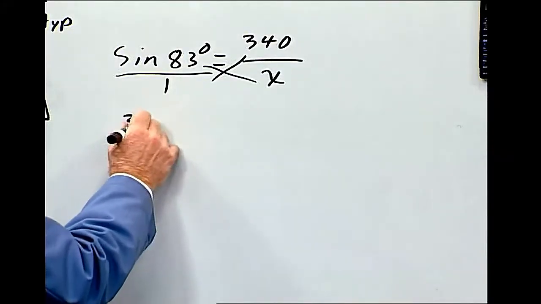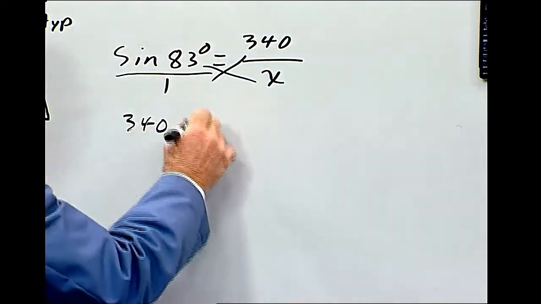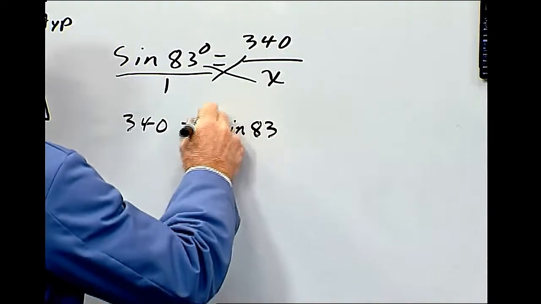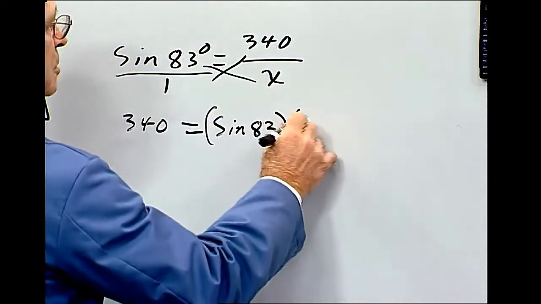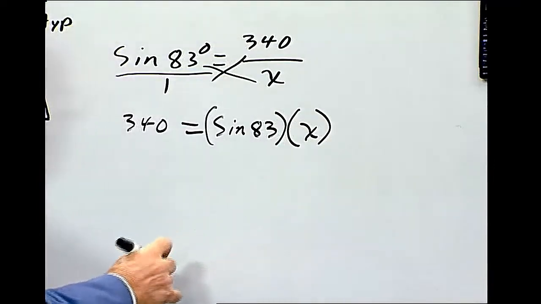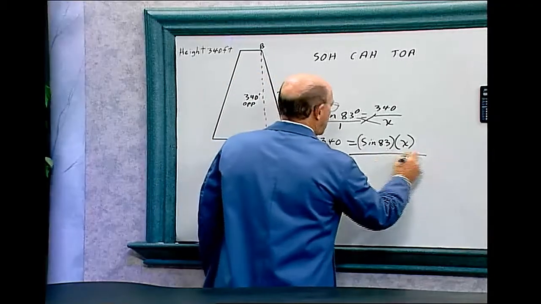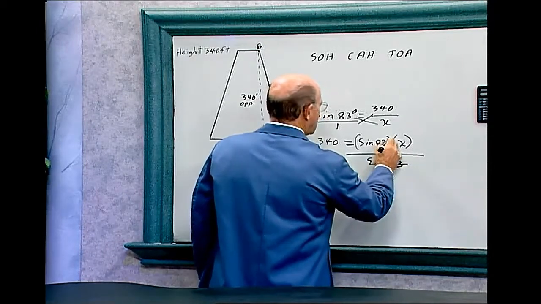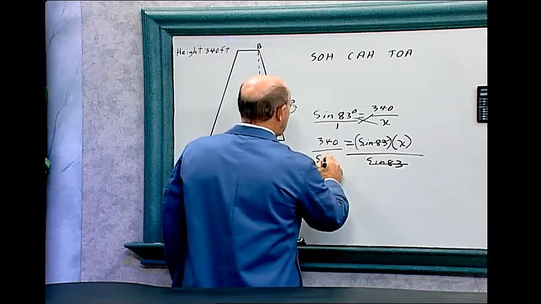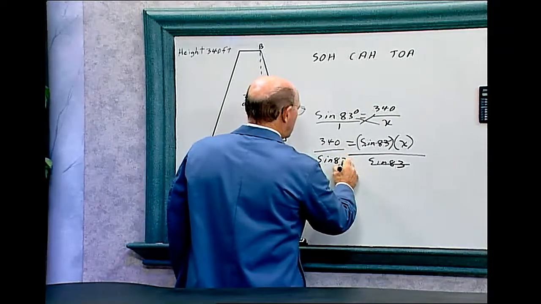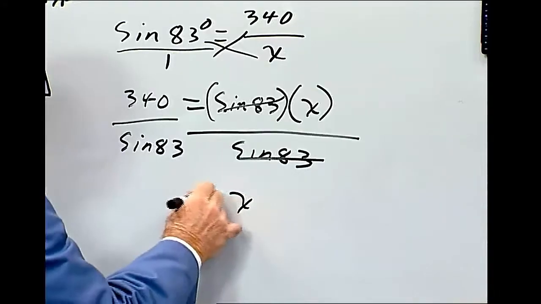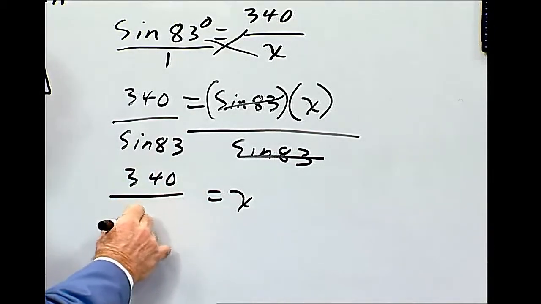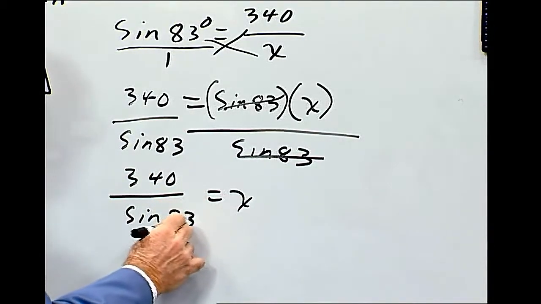So 340 equals sine of 83 degrees times x. Divide each side by sine 83. This will cancel out. So x equals 340 divided by sine of 83.